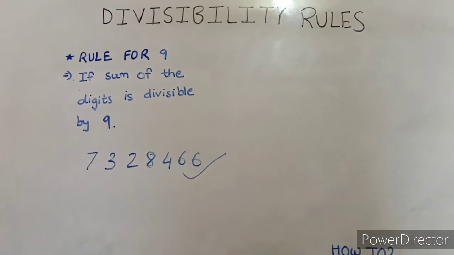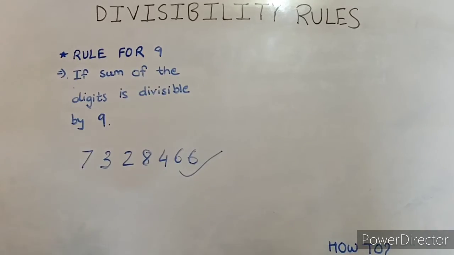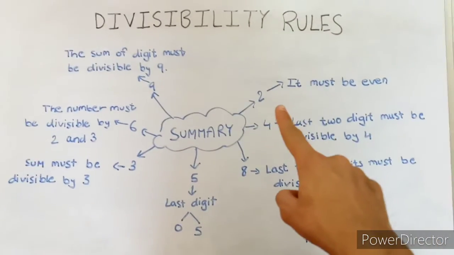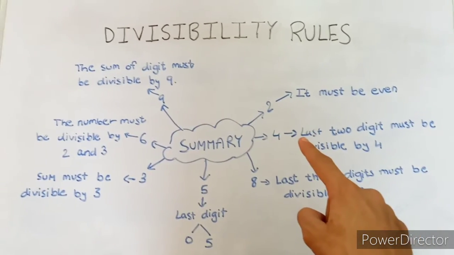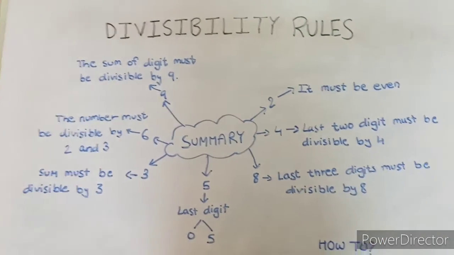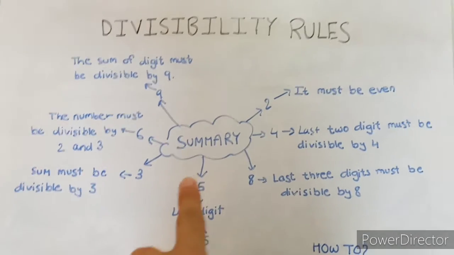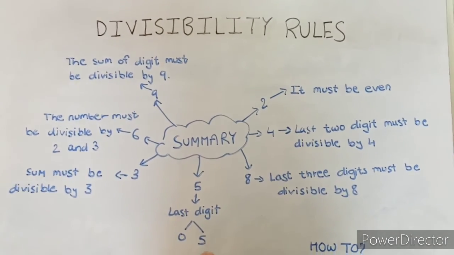Okay, so now before ending this video, let me give you a quick summary. We first saw the divisibility by 2: the number must be even. Then we saw for 4: the last 2 digits must be divisible by 4. Then for 8: the last 3 digits must be divisible by 8. Then for 5: the last digit must be 0 or 5.